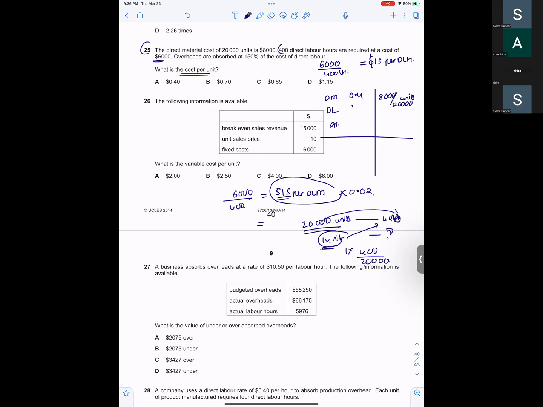Now overheads are absorbed at 150% of the cost of direct labor. So 0.3 into 150%, 0.45.